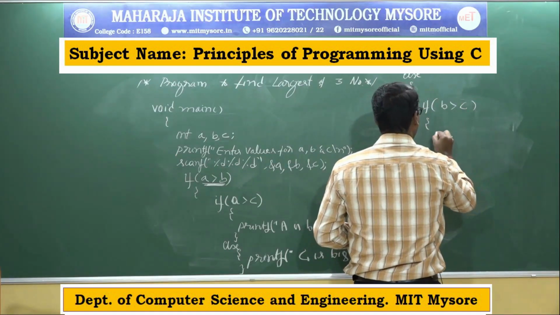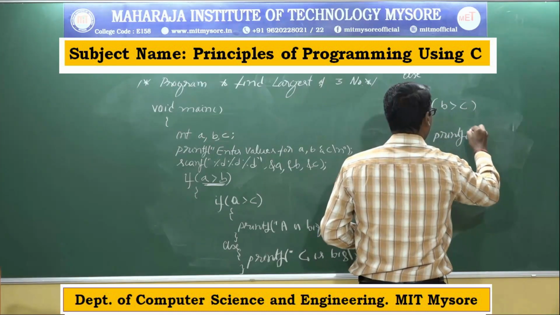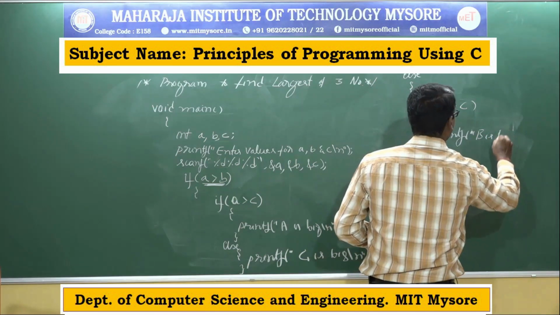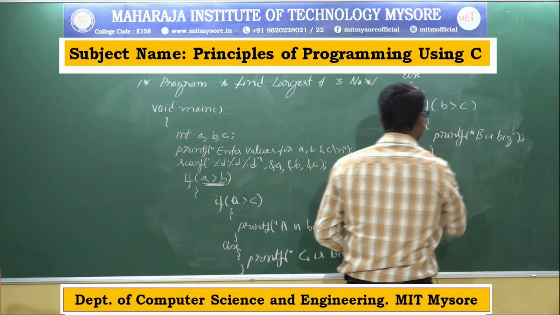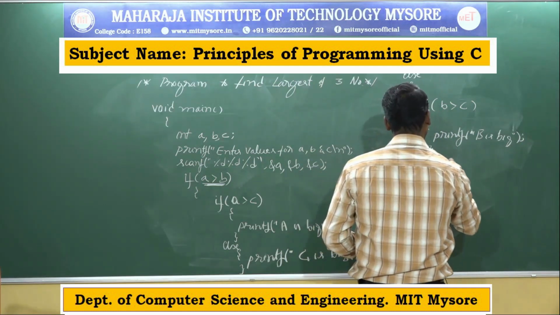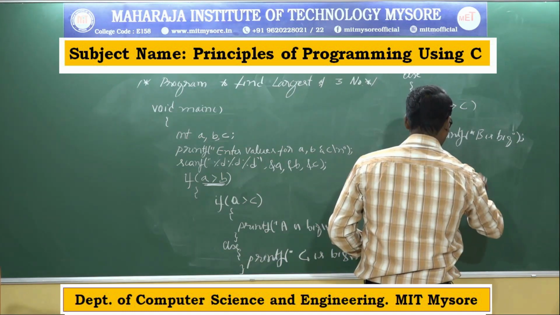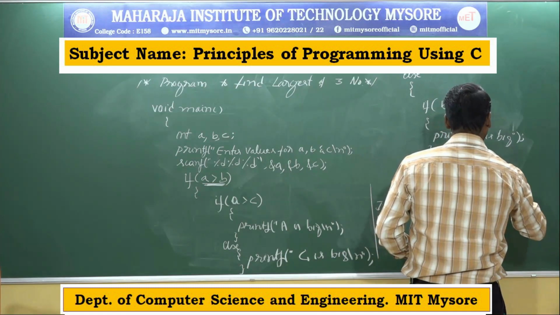If this condition is satisfied, printf within double quote b is big. Else printf c is big.